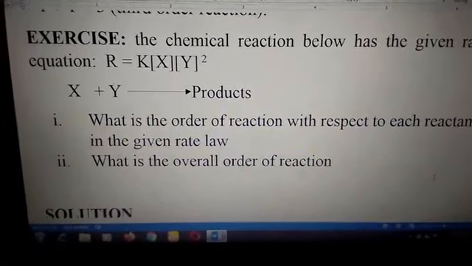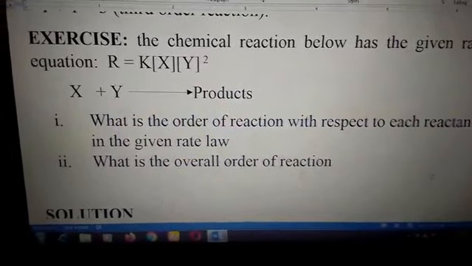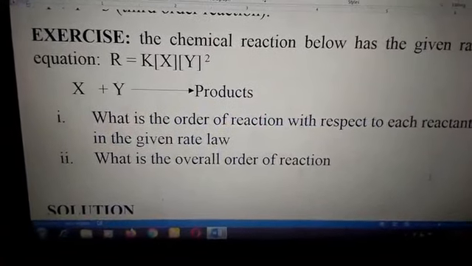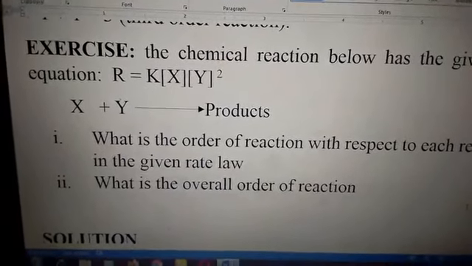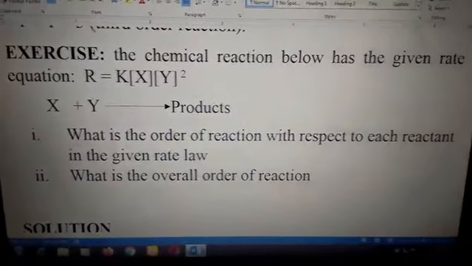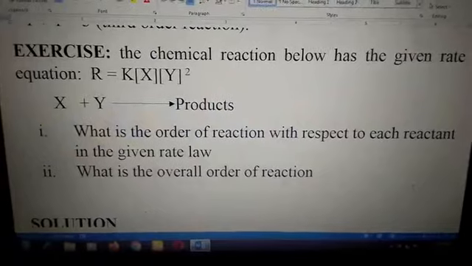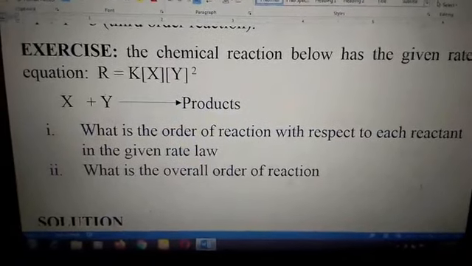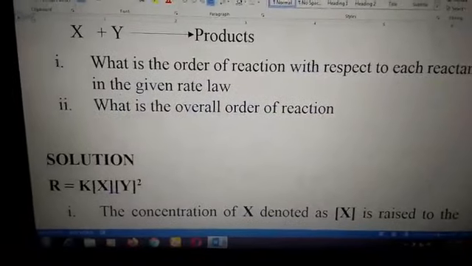It involves 1 particle of S and 1 particle of Y, giving you 2, bimolecular. So the rate equation is given to you as R equal to K[S][Y] squared. We ask: one, what is the order of reaction with respect to each reactant in the given rate law? Then two, what is the overall order of reaction? So go to the solution.